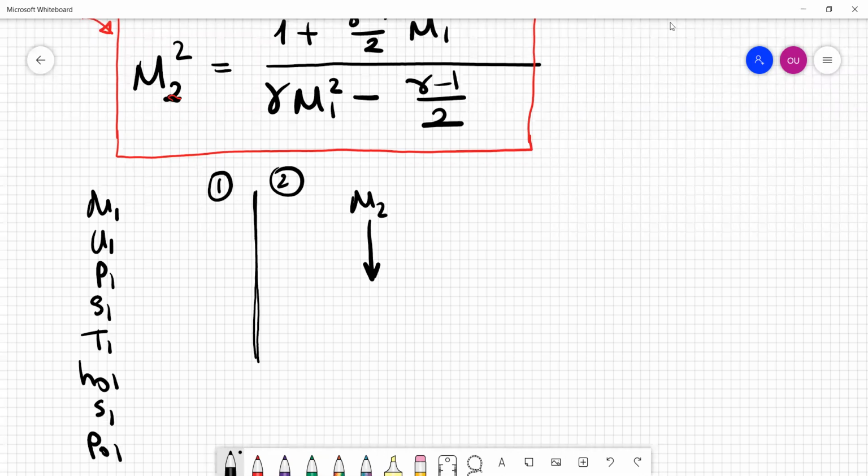And our only equation just relates Mach numbers at this stage. The thing is, how are we going to actually calculate the rest of the parameters?